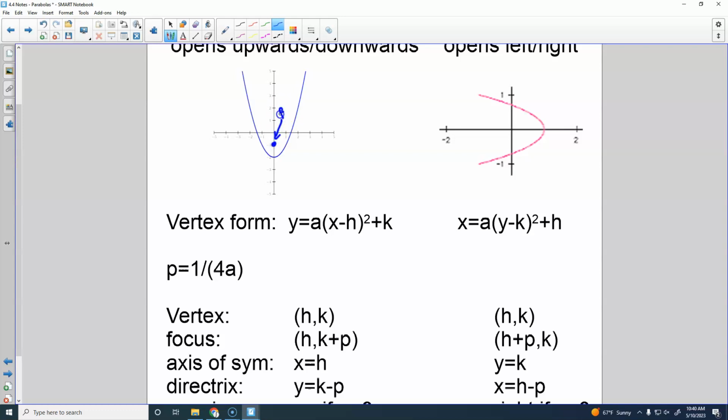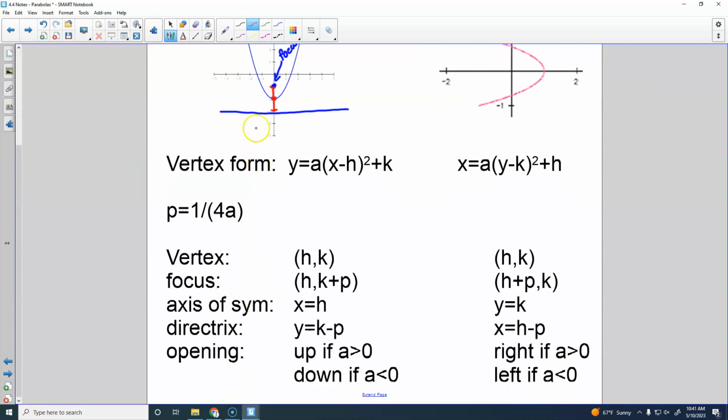This right here, that would be the focus. And then the directrix is going to be this line on the outside. These will both be the same distance away from the vertex. And I'll show you in a minute exactly what that is.